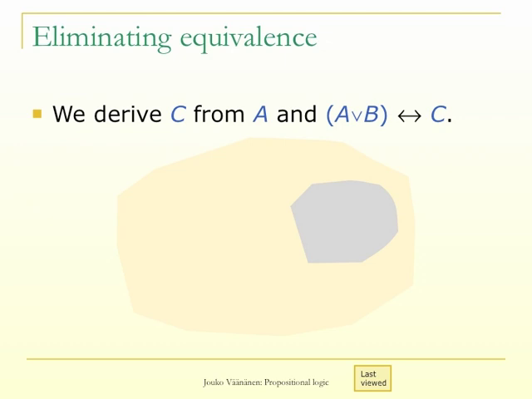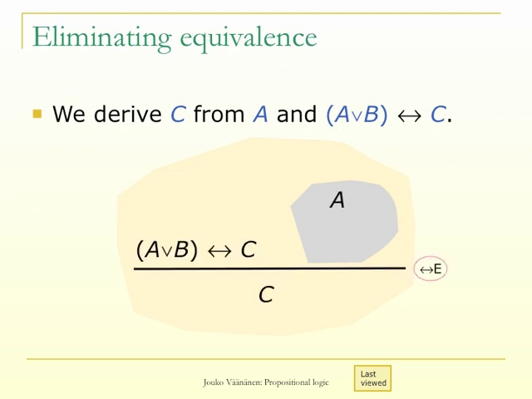As an example of the equivalence elimination rule, we derive C from A and (A or B) if and only if C. First we prepare the ground for an application of the equivalence elimination rule.